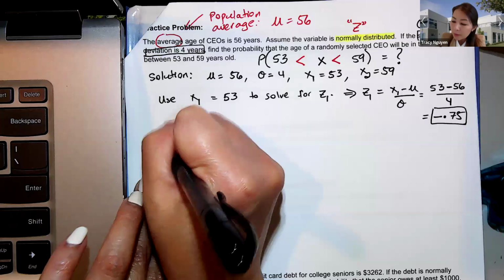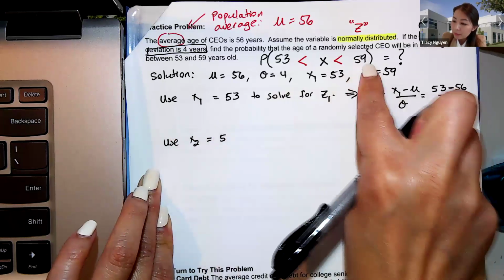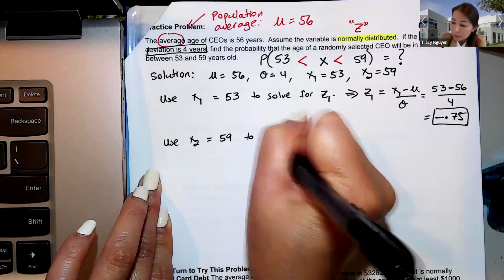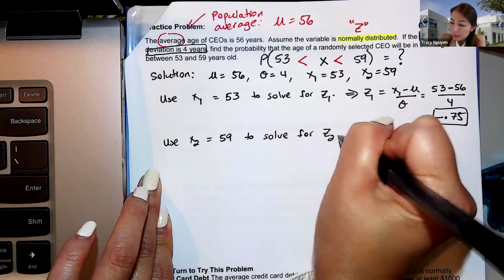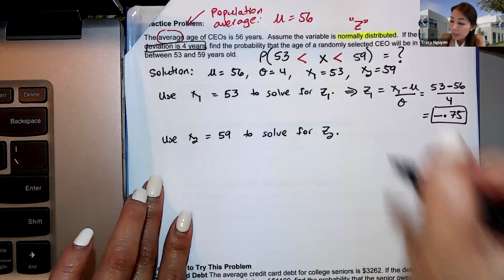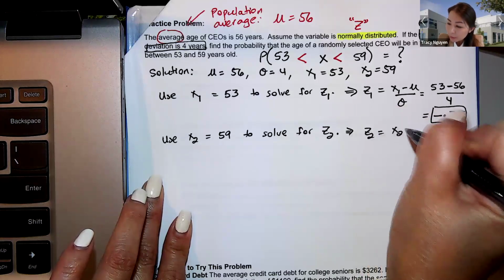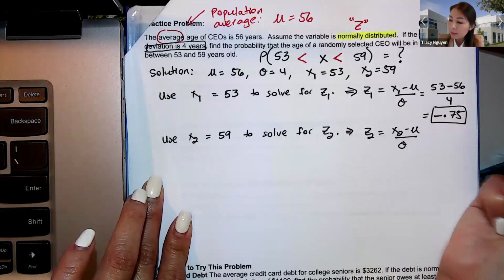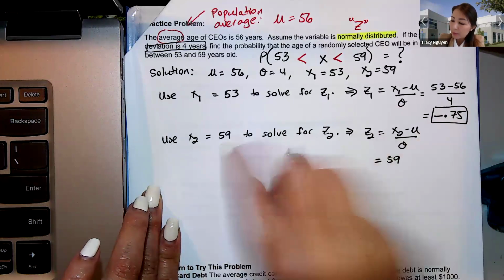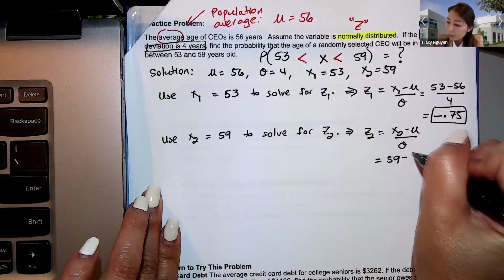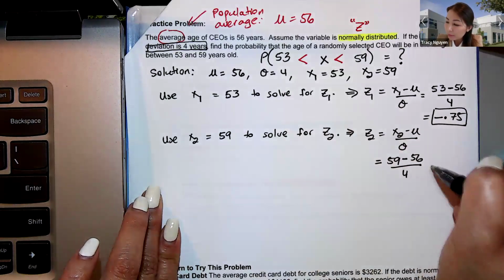It terminates at exactly 2 decimal places, so we don't have to worry about rounding. Now, we do the same thing. Use x2 equals 59 to solve for z, and I'm going to call this z2, okay? Then z2 equals x2 minus mu over sigma, knowing that x2 is 59 minus mu, which we have 56, divided by sigma, which we have is 4.